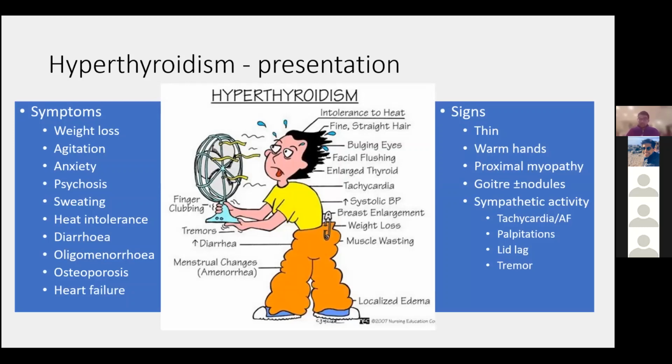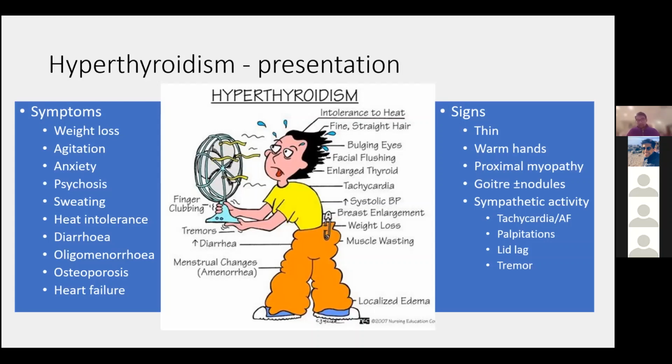Thinking about your brain activity, patients often become quite agitated, and they can actually become psychotic secondary to hyperthyroidism. So it's often a differential that you consider in someone who presents with acute psychosis. They're often excessively sweating. If you think about their GI system, they may have diarrhea. Like in the scenario I gave you, going back to periods, they often become oligomenorrheic, or they may become amenorrheic.